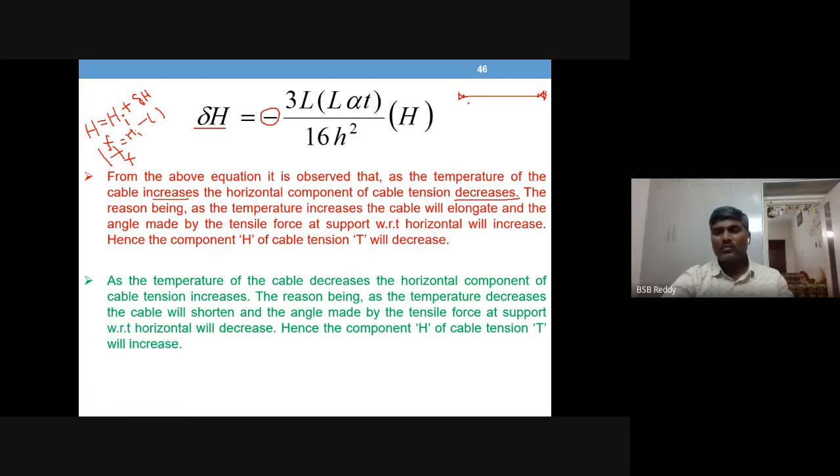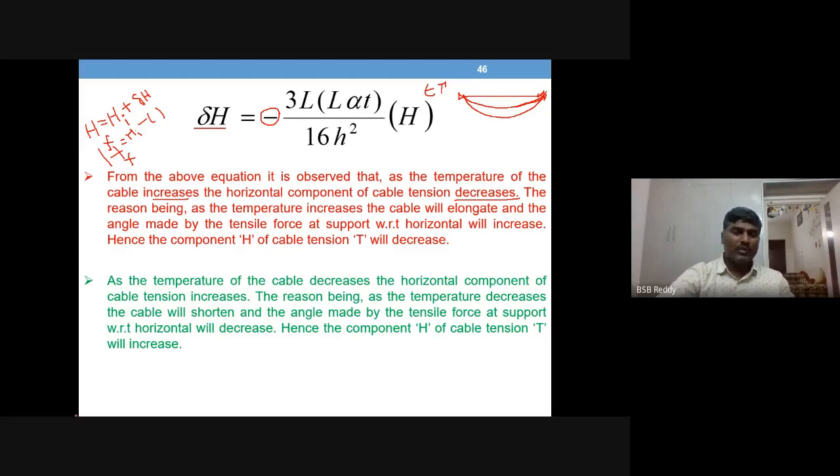So you have to understand what is going to happen to the cable. Imagine temperature is increased. T we are increasing. What happens? Cable will elongate, right?